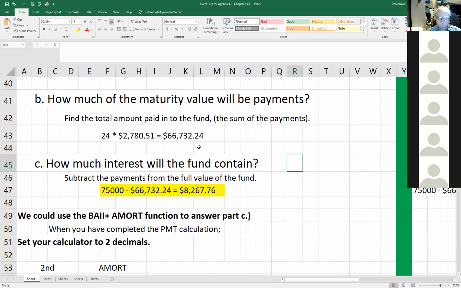So although we're trying to gather up 75,000, we actually only put 66,000 and something in there. And how much interest will the fund contain? Take the 75,000 minus the amount we put in, and we find that over the 6-year term, we earned 8,000 and something interest.